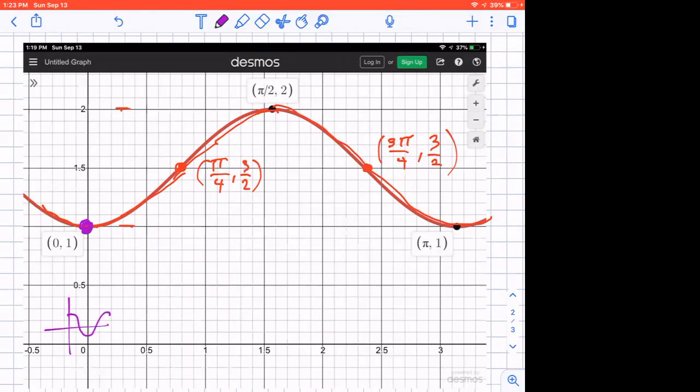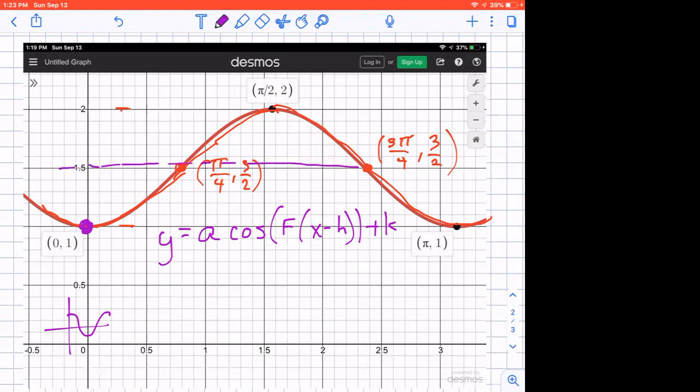Now we have the form y equals amplitude times cosine of frequency times x minus h, which is our horizontal shift, plus k, which is our vertical shift. Now, in this case, our vertical shift, our k value, has to be to the midline.